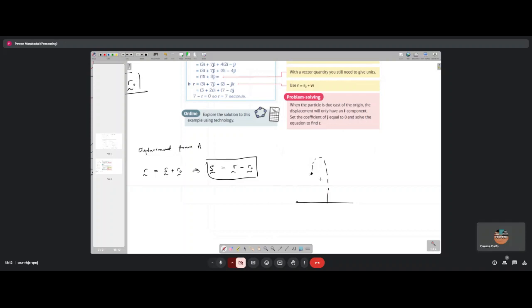Well, actually, remember what I said. You can define your starting displacement here, or you can define it here. So you could define displacement equal to 0 from the ground or from when you throw it. Do you remember I said that? Yeah. So that's the whole point.